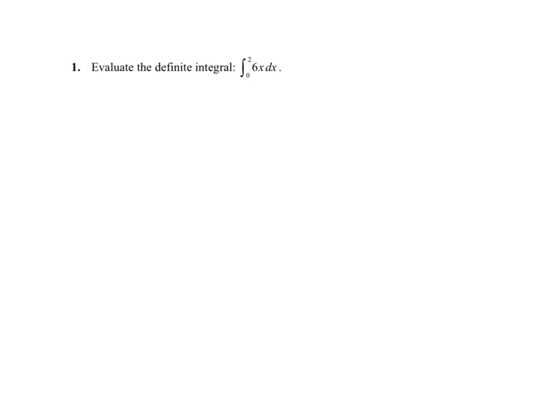So we have the function 6x, and we want to find the area below the curve 6x. So our function f of x is 6x. What is the area below the curve?